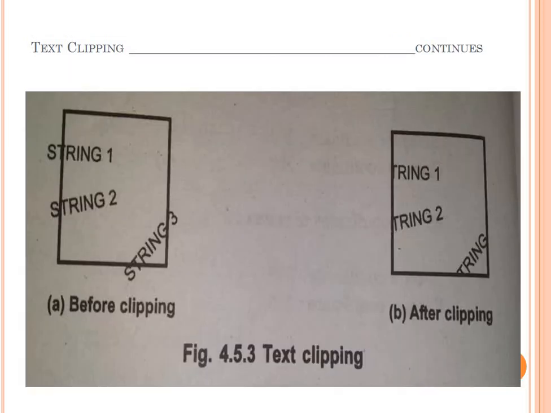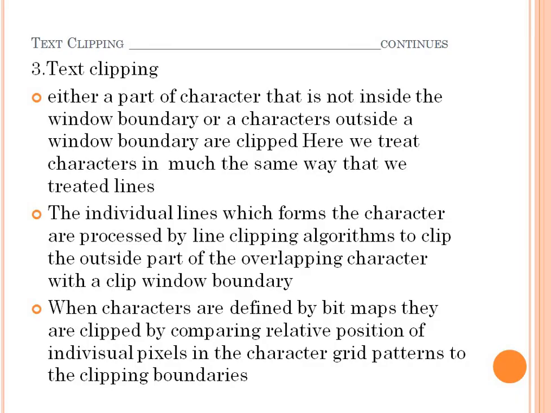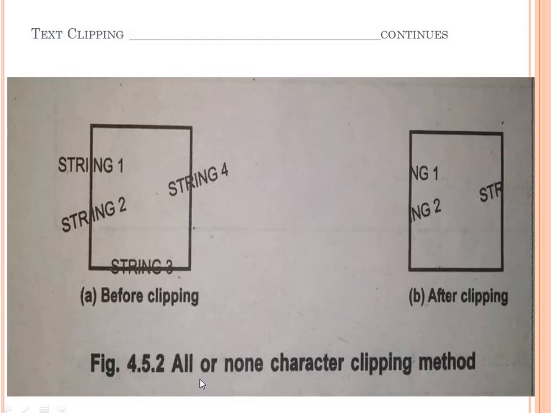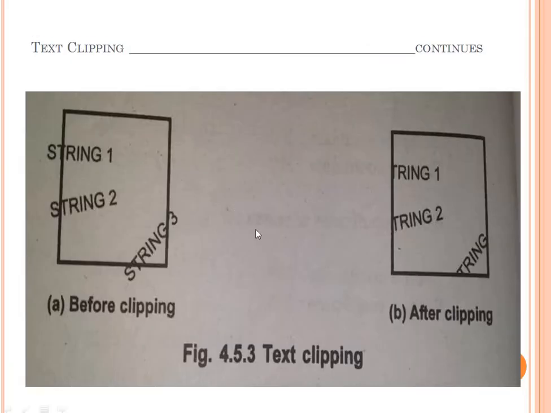Here is the text clipping image, before clipping and after clipping. In this text clipping, when the characters are defined by a bitmap, they are clipped by comparing the relative position of the individual pixels in the character grid pattern to the clipping boundaries. Here we only check the pixels of the character.